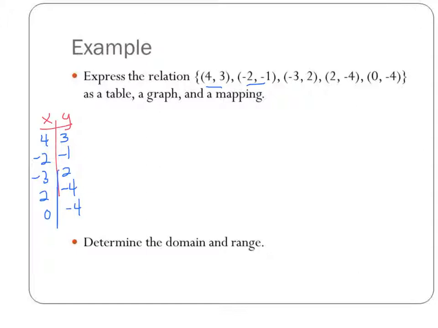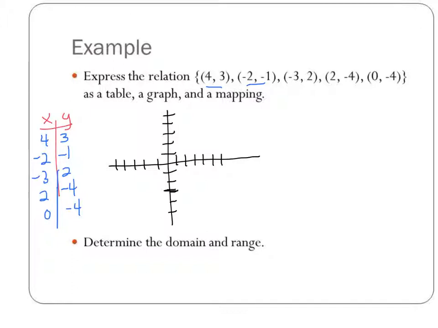As a graph, let's draw in our axes, put a few tick marks in here. To graph (4, 3), starting at the origin, go right 4 and up 3.